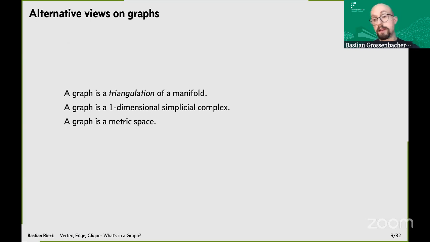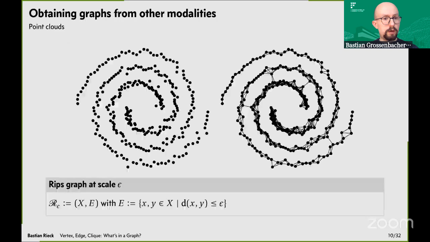Or you could say that a graph is just a metric space. Or in its most puristic form, you could say that a graph is just a set system. Now, the point of this slide is not to say that these views are better or different or wrong, but just to show you that there are multiple ways of dealing with the same object. And it's a little bit unclear what we're talking about when we talk about graphs.